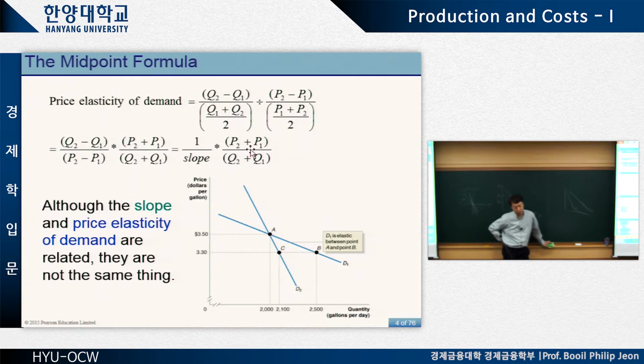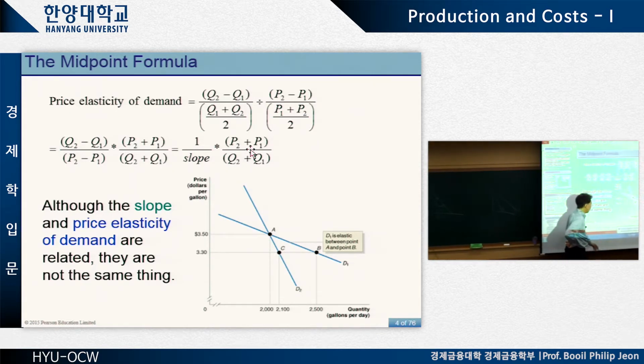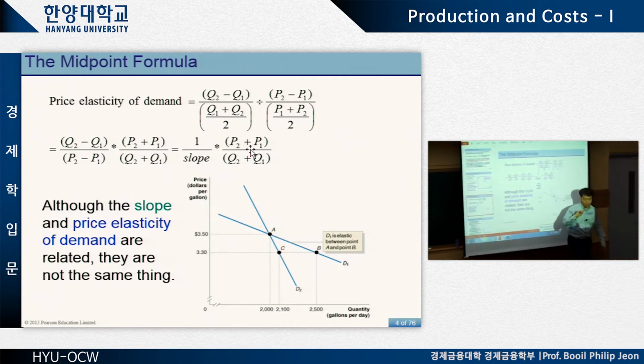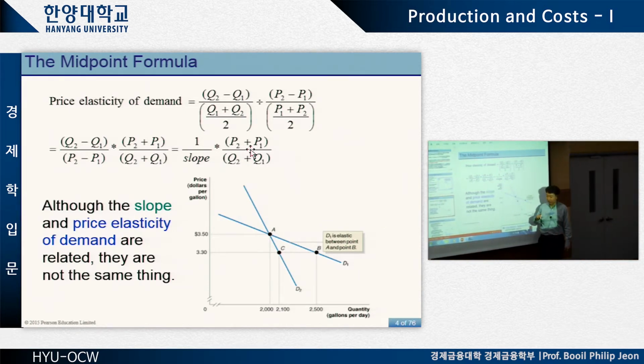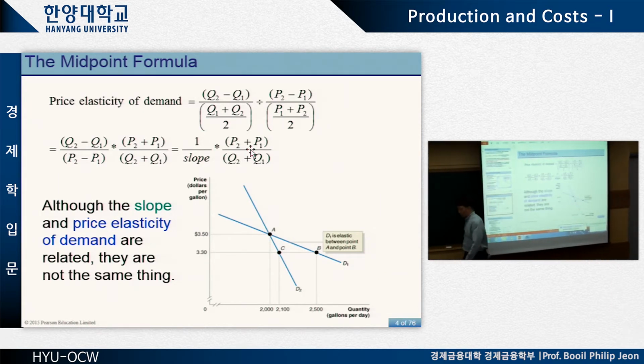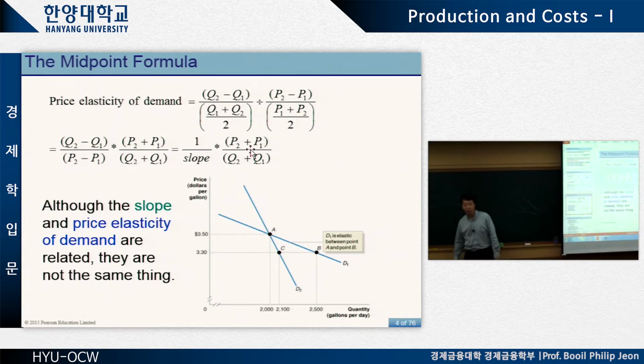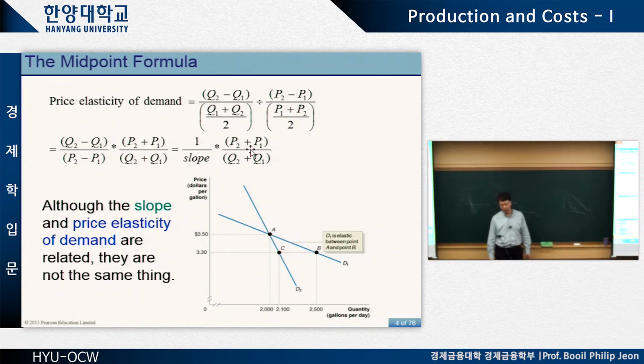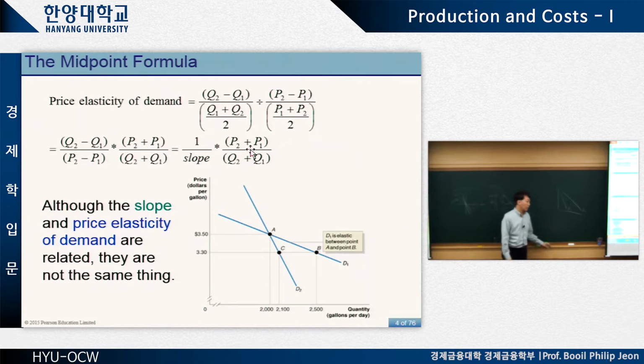D2? Because I just gave you the answer, right? But I told you if you are measuring the elasticity at this point A, then you can say the flatter demand curve has higher elasticity than the steeper demand curve. The correct answer here is you cannot say which one has higher elasticity, because it depends on where you are.